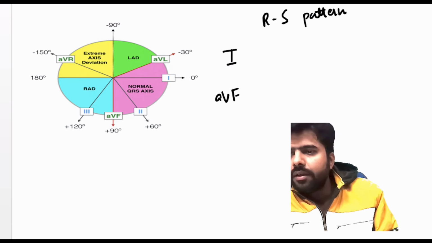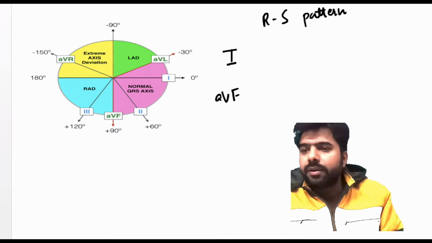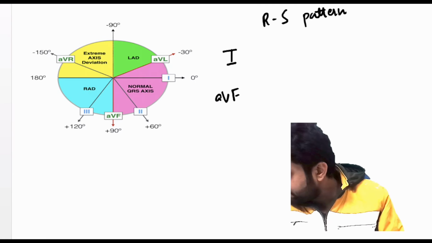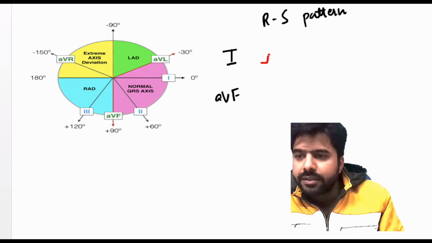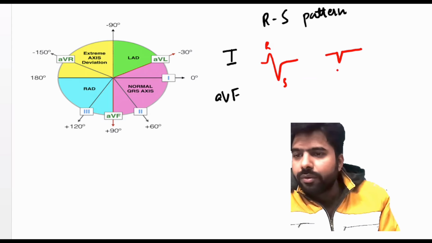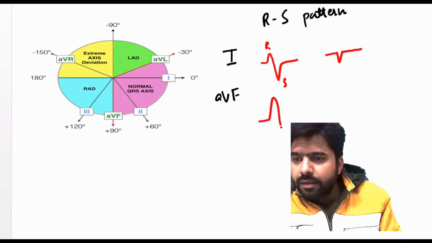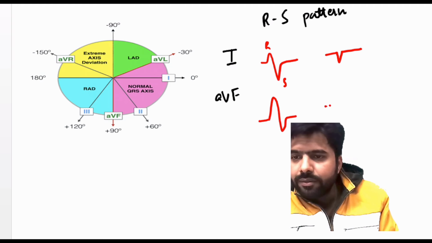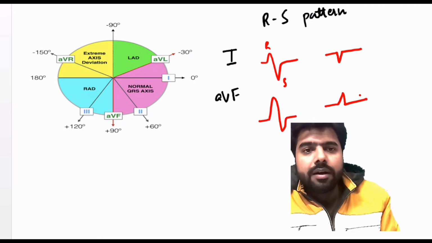Now, take the next example. Suppose this is the R and this is the S. In lead 1, R minus S is negative, so it is a downslope. And in lead AVF, R minus S is positive, so it gives an upstroke.